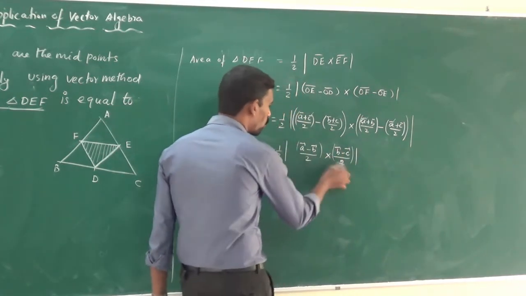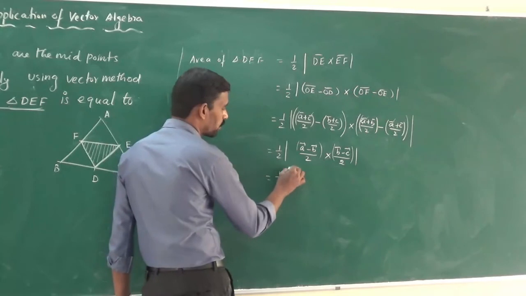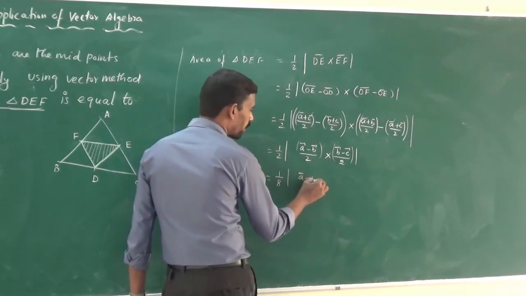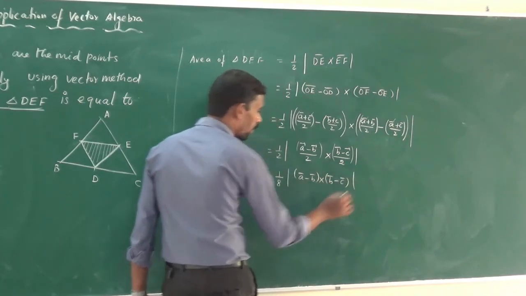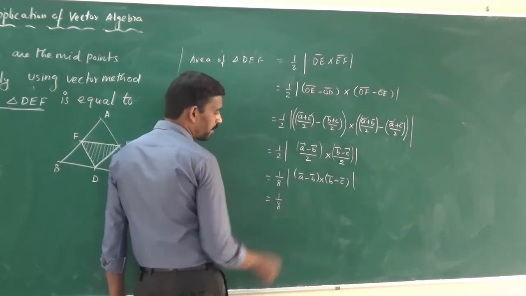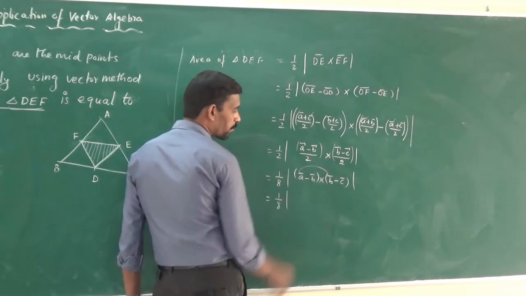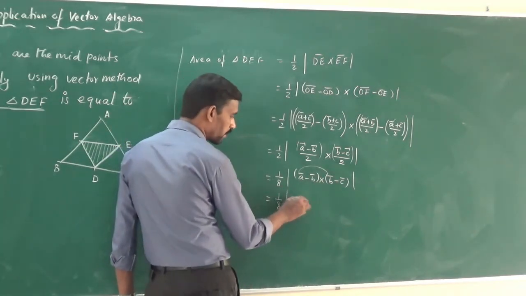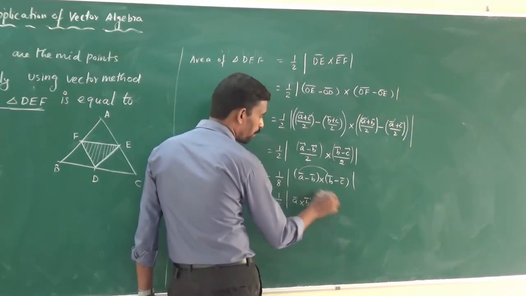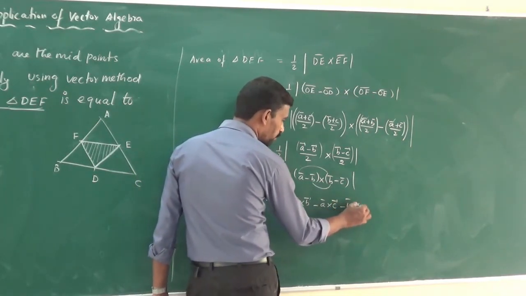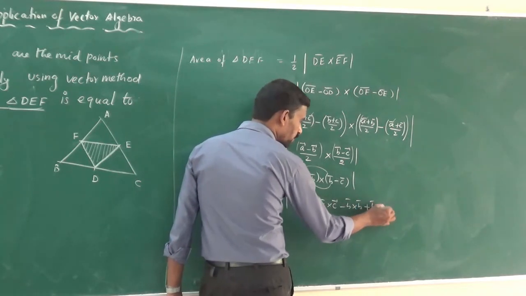Take these two outside. We get 1 divided by 8. Then inside, a vector minus b vector cross b vector minus c vector. So this is nothing but a cross b minus a cross c, minus b cross b plus b cross c.